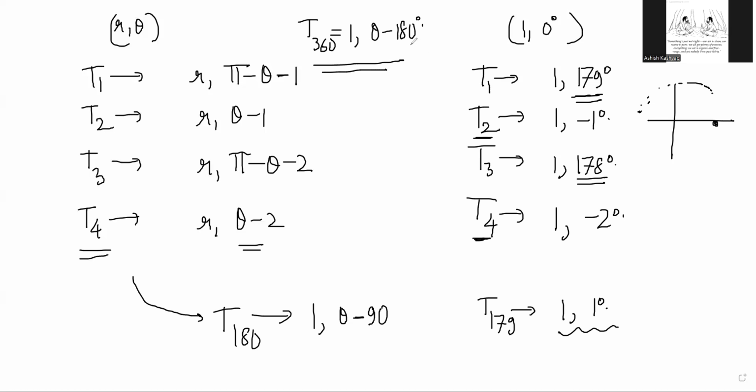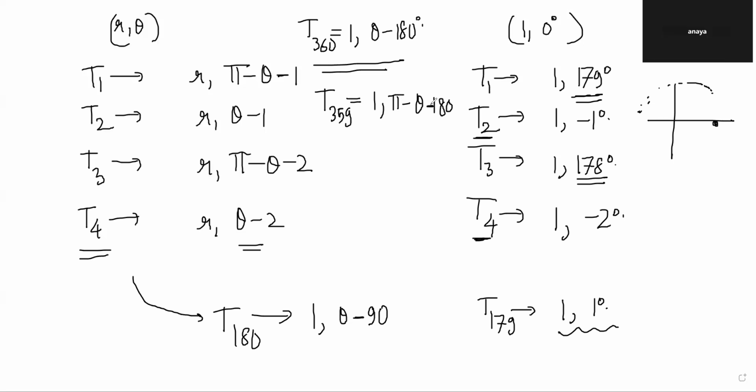So T359 would have been the one before that, which would have been pi minus theta minus 1 comma pi minus theta minus 180, right? Yeah. Do you understand what I'm saying? Yes. This and this will cancel and it will be 1 comma 0 again, no?